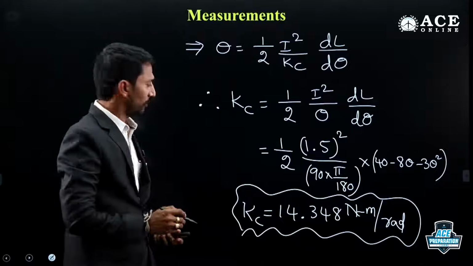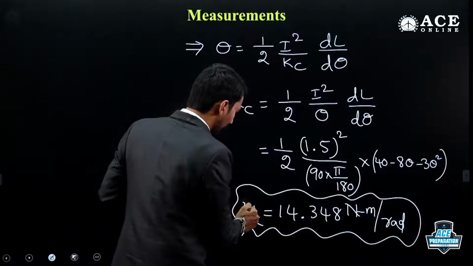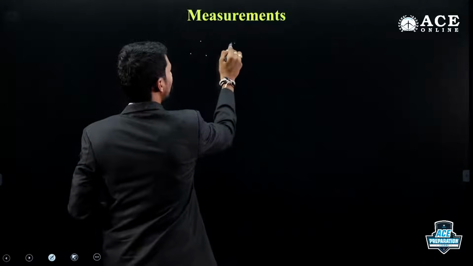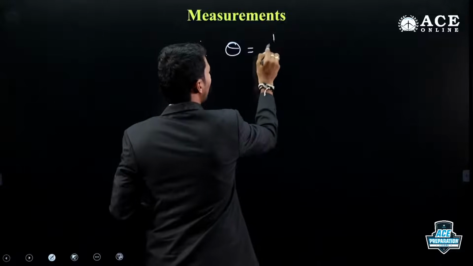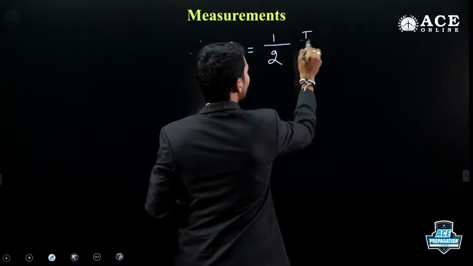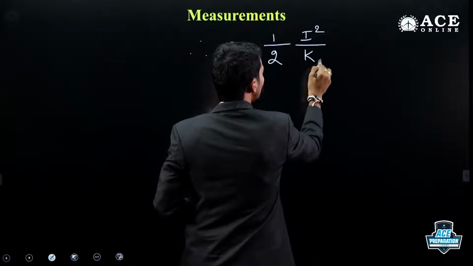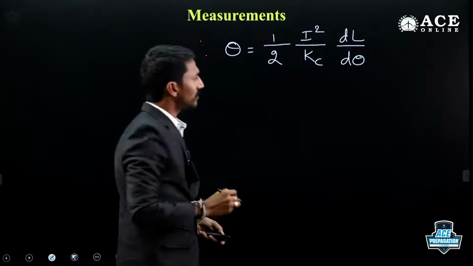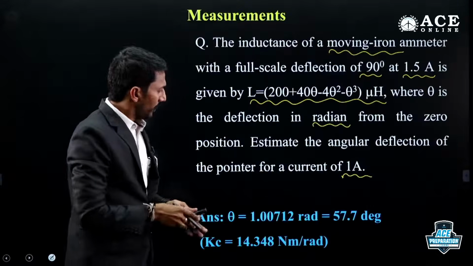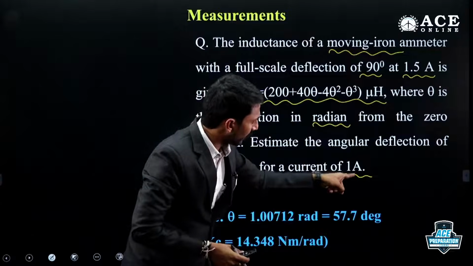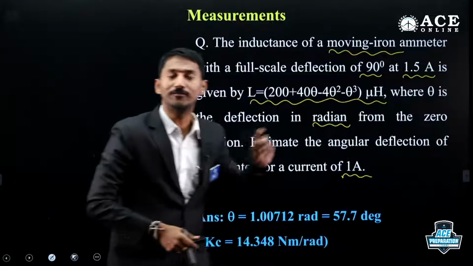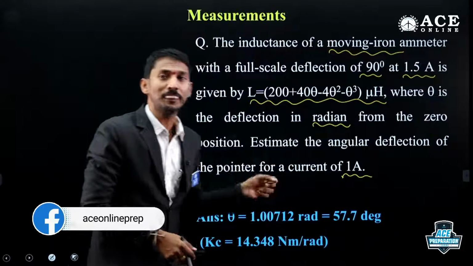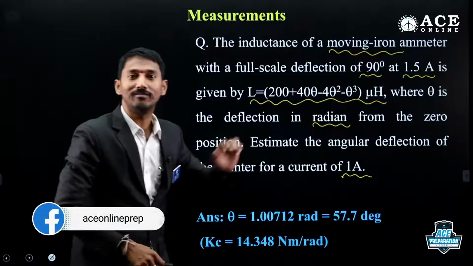Right? Now, after getting this entire Kc value, again the same thing: theta is equal to half I squared by Kc into dL by d theta. Now what he is asking, guys, is: if you are giving 1 ampere of current, what should be the angular deflection? We need to find the angular deflection theta with the help of a current of 1 ampere.